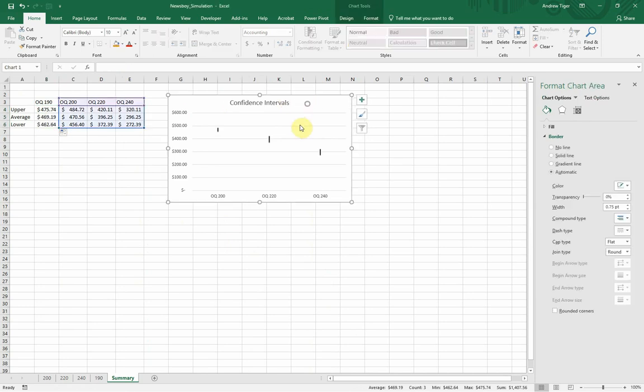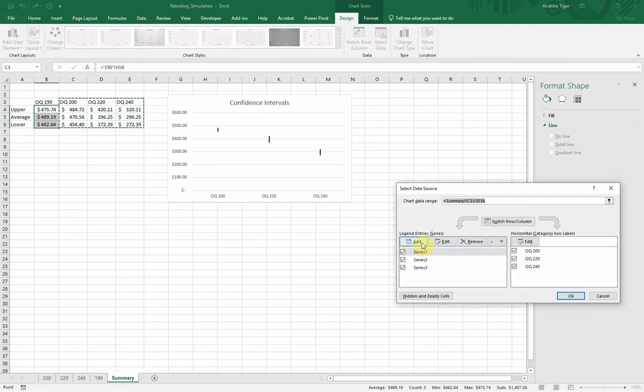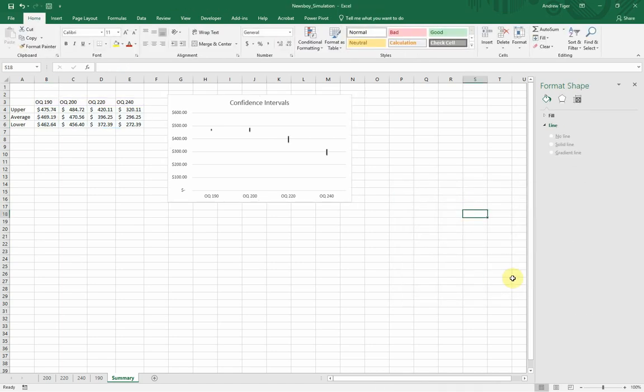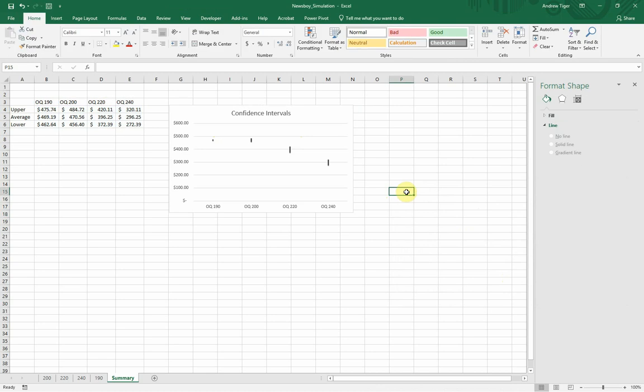And then over here, I need to add that additional data point. So I'm going to start this on B. There we go. So look at this, this is the picture of my 95% confidence intervals.